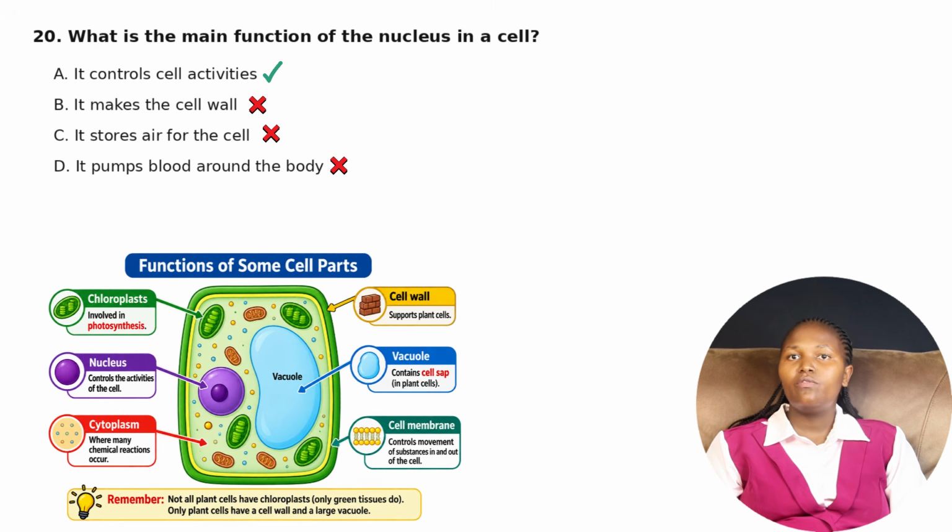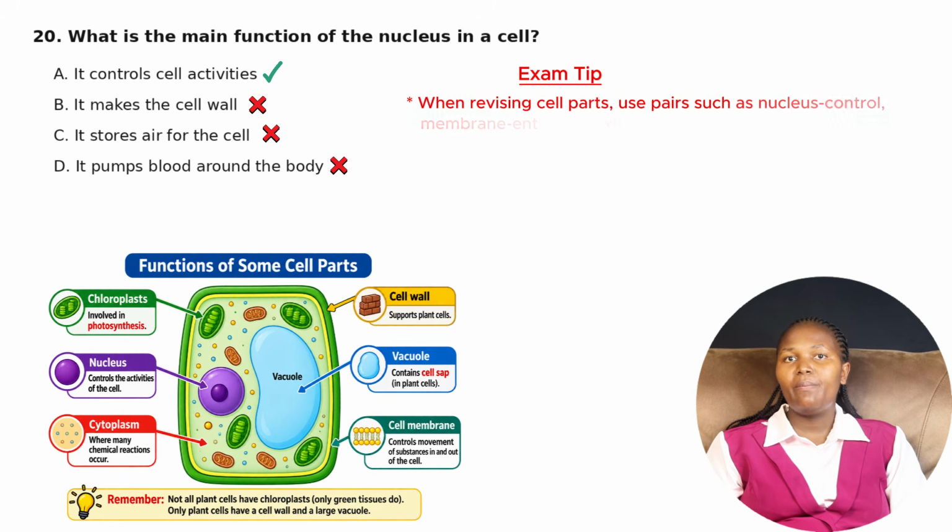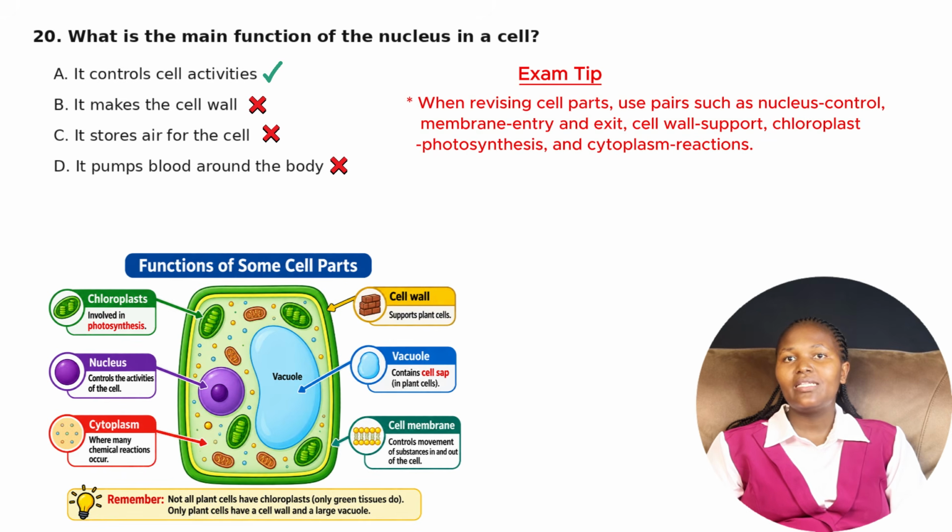The wider lesson for you to understand is that structure and function are connected. So when revising cell parts, you are supposed to use pairs such as nucleus, control; membrane, entry and exit; cell wall, support; chloroplast, photosynthesis; and cytoplasm, reactions. Very important for you to revise those areas.